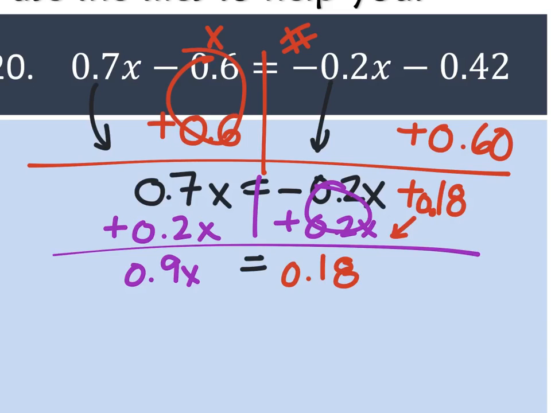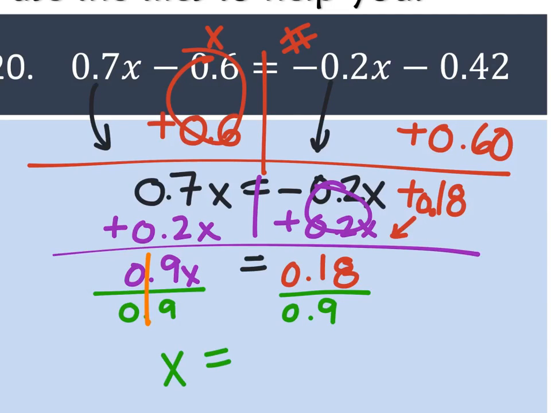Oh, very nice. Because now, when I divide both sides by 0.9, that'll become a phantom 1 right there. But we get x equals, I'm having a brain fart. I know that should be easy, but I'm going to do it. 0.18 divided by 0.9, I'm using my calculator. 0.2.